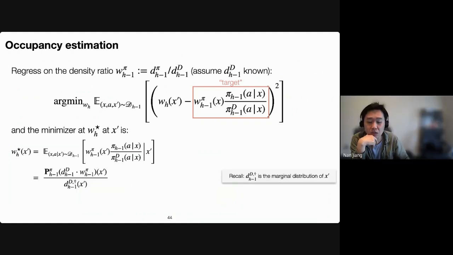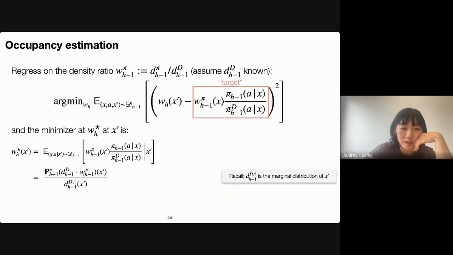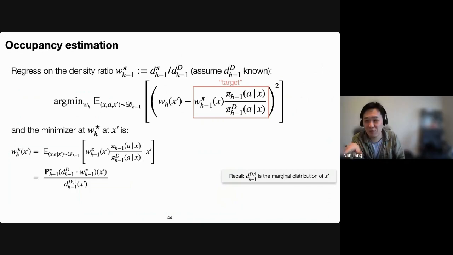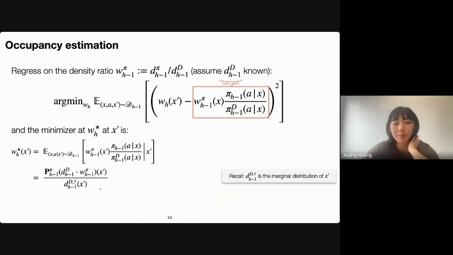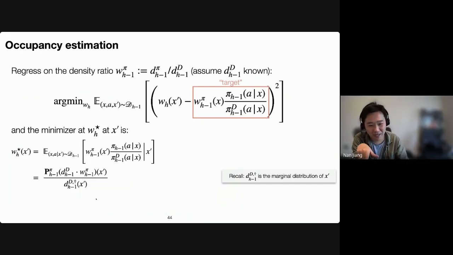My bad, it's over here. So instead of W_{h-1} pi, you're going to have D_{h-1} pi, and that's some weird pointwise multiplication of two distributions, which doesn't make sense in the first place. You go through P pi and then divide it by another distribution, which again wouldn't make any sense.